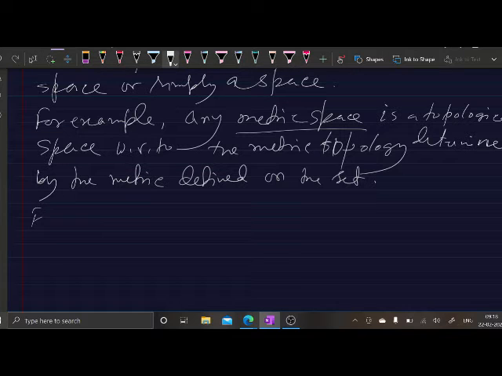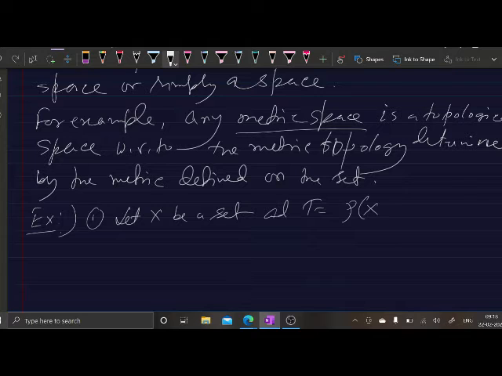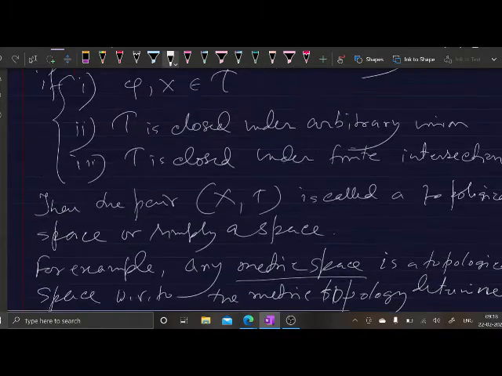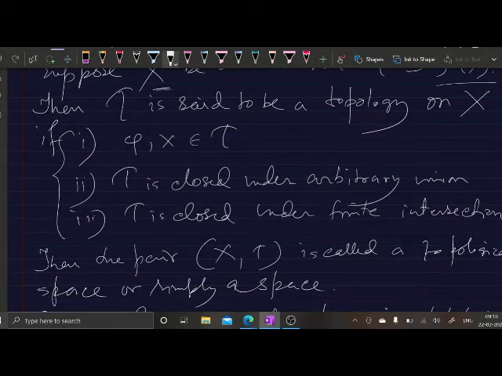So some examples can be given. This is an obvious example. Let X be a set and tau is the whole power set of X. Then obviously this power set of X satisfies these three axioms.